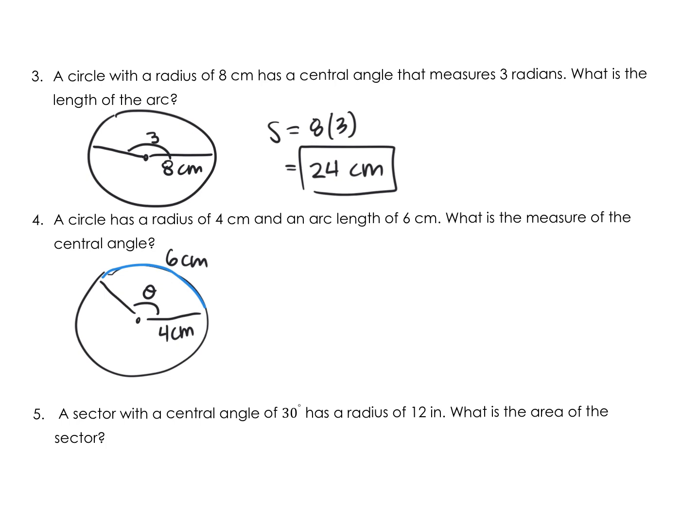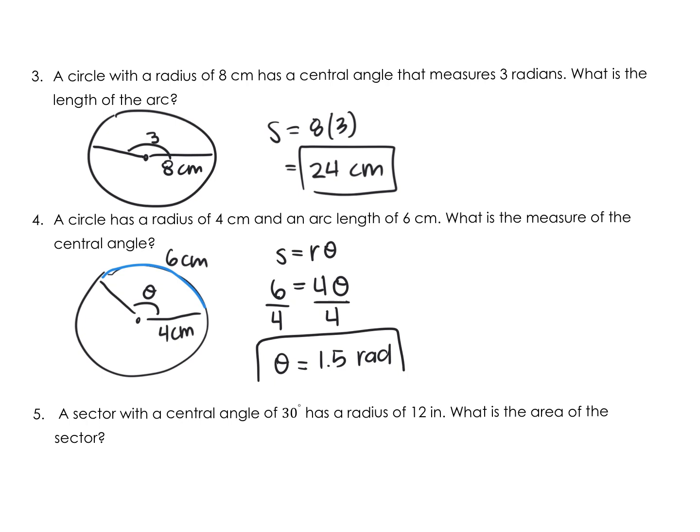Use my formula, S equals r theta. I now know S is 6 and r is 4. I don't know theta, so I'm just going to divide by 4, and we get theta is 1.5 radians. If you solve for the central angle, you will always solve for it in radians, because in the formula, theta is in radians.